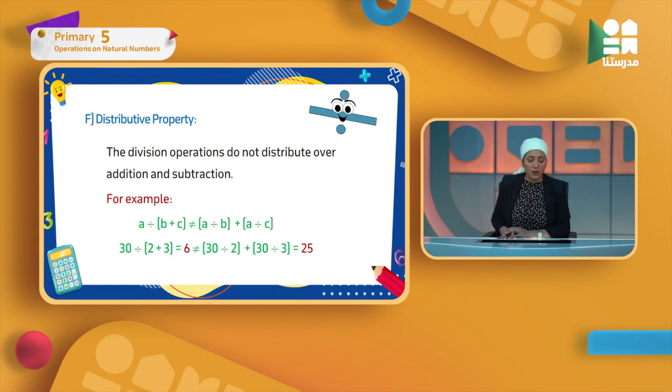How? Here, 30 divided by (2 plus 3). 2 plus 3 is 5. 30 divided by 5 is 6. Now let's distribute it and see if we get the same answer or not. Here, 30 divided by 2 is 15, plus 30 divided by 3 is 10. 15 plus 10 is 25. Then the two answers are totally different. Then distributive property is not applicable, or we don't have any distributive property in division.